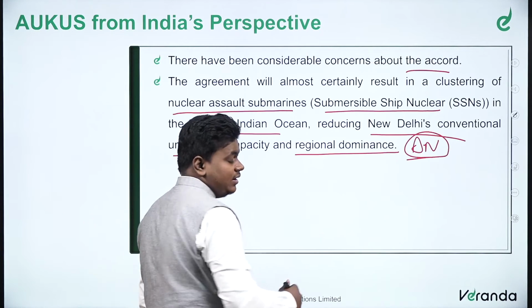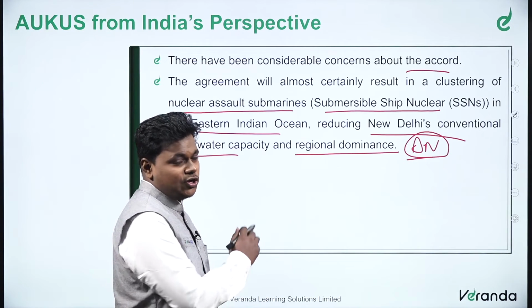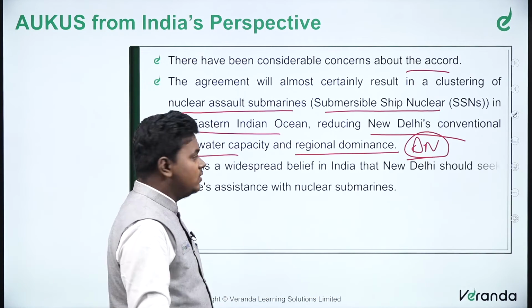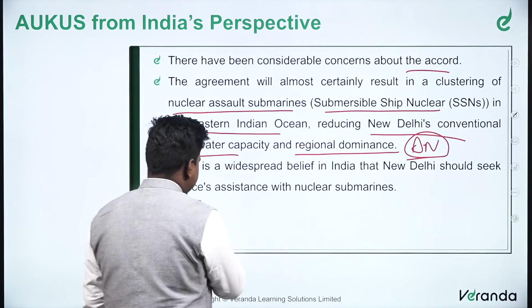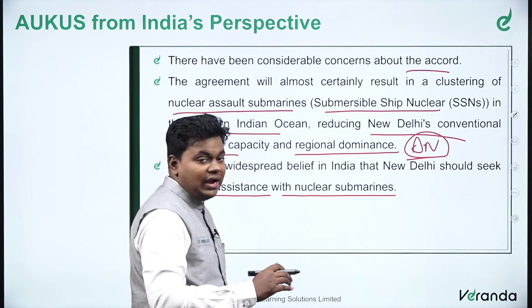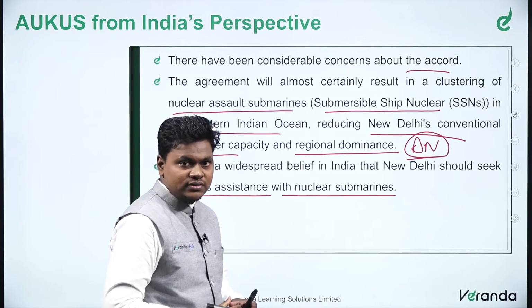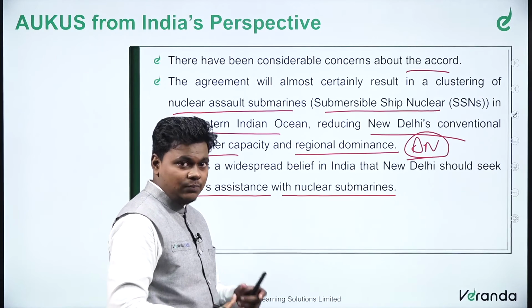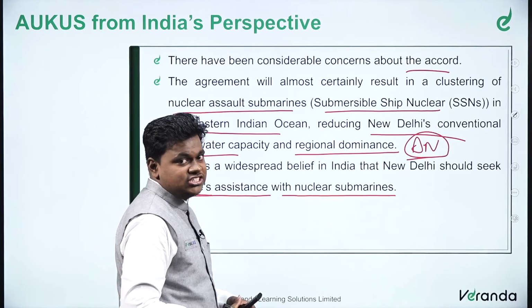In such a case, a large number of nuclear submarines would be accumulated in this Indian Ocean region. Further, there is a widespread belief in India that New Delhi should seek France's assistance with nuclear submarines. Another country left out in this grouping, not only India, is France. It is a very friendly nation of India.